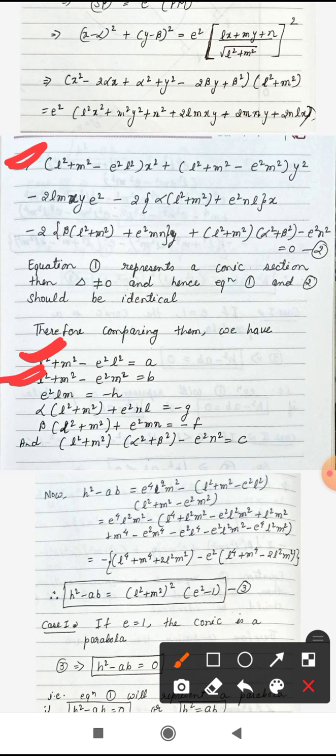Now we want to calculate the value of h² − ab.